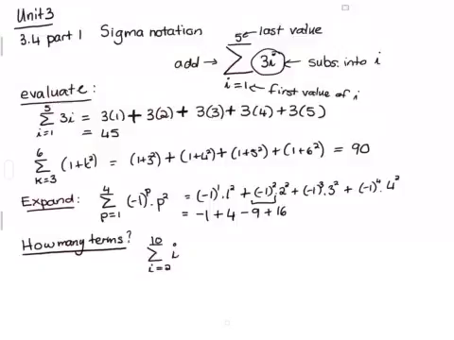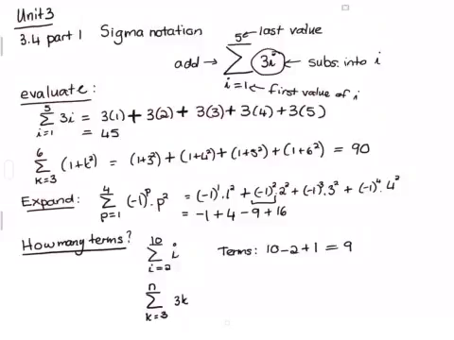So here's your rule. How many terms are there? Take your top value, subtract your bottom value, add 1. So there are 9 terms. Let's do another one. Say k starts from 3 and it goes to an unknown value n.